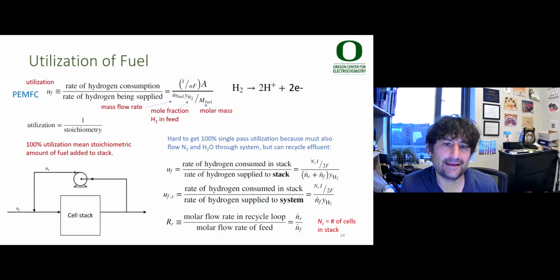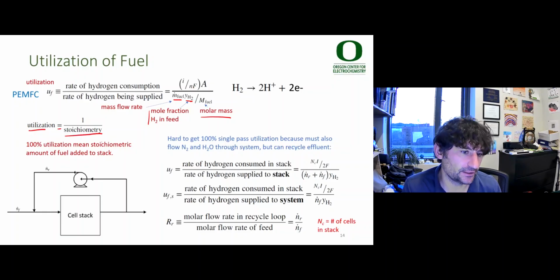We divide that by the mass flow rate of the fuel times the mole fraction of hydrogen in the feed, divided by the molar mass of the fuel, in this case hydrogen. The utilization is defined as 1 over what's called the stoichiometry. 100% utilization means a stoichiometric amount of fuel added to the stack. 100% utilization means that all the hydrogen is used up.